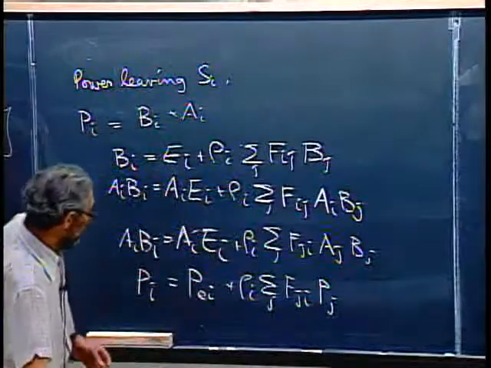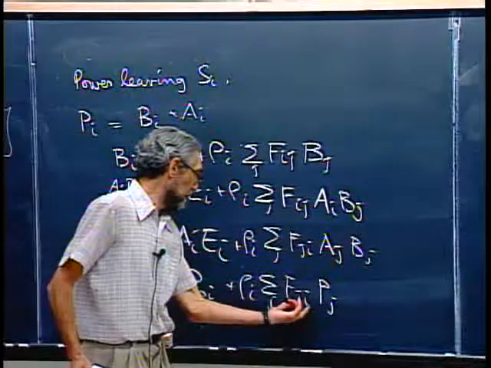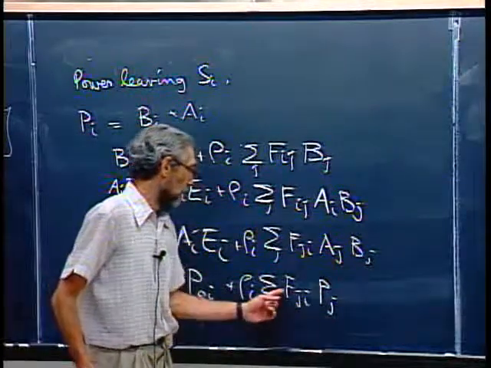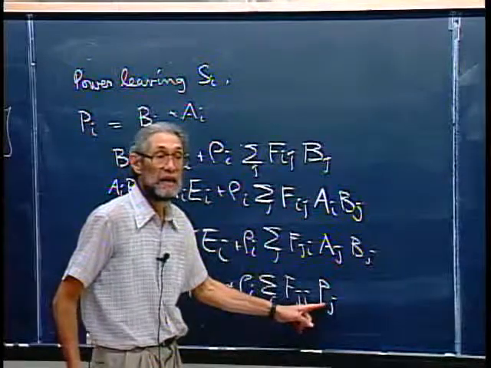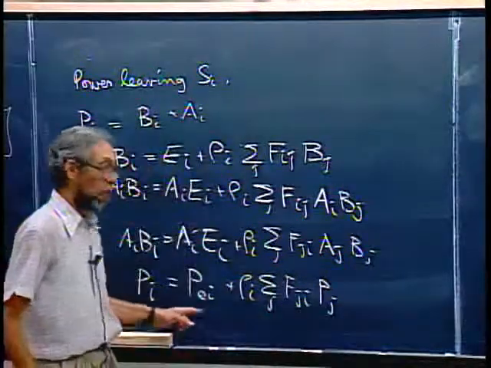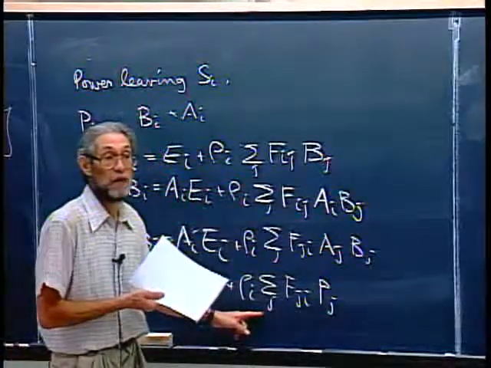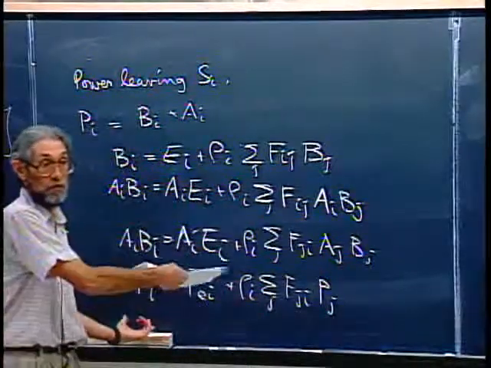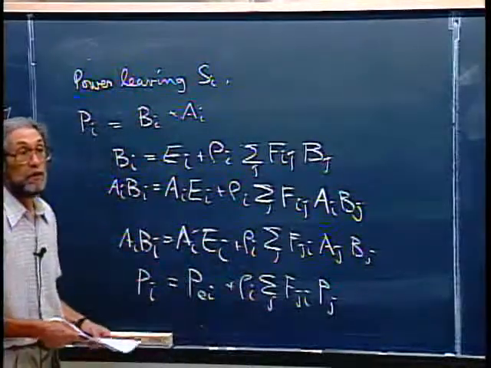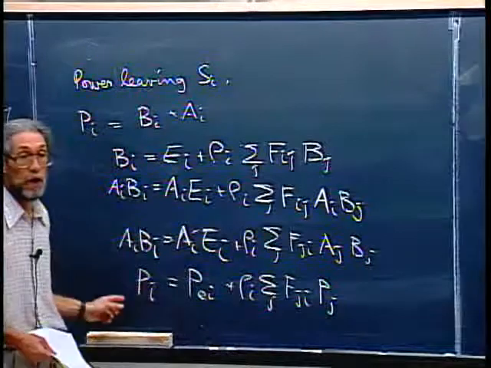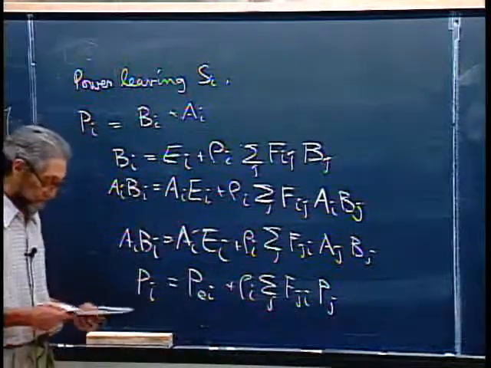So what you could think of is F_ji is the fraction of the power leaving surface j that ends up on surface i. Then you multiply that power by the reflectivity, and you get, because this is diffuse, the rho is sort of the fraction, the power that's reflected, and you get the power coming off of A_i after we add up all those contributions.